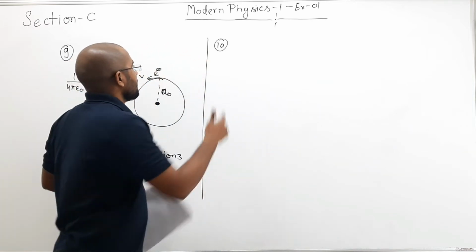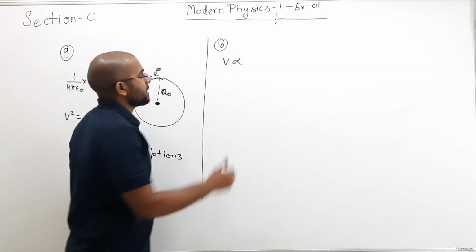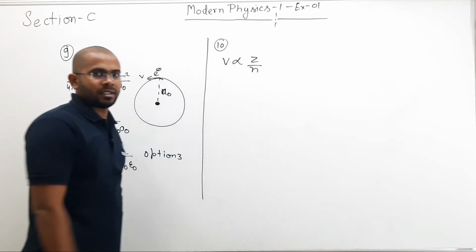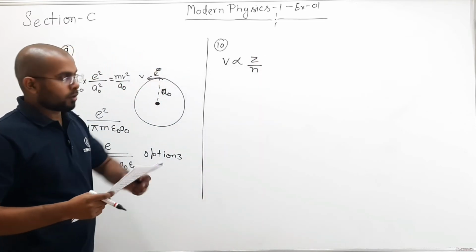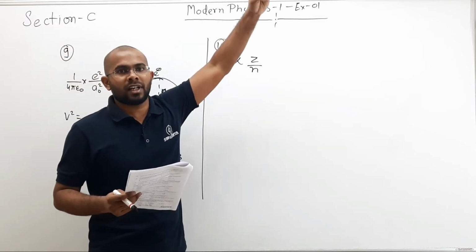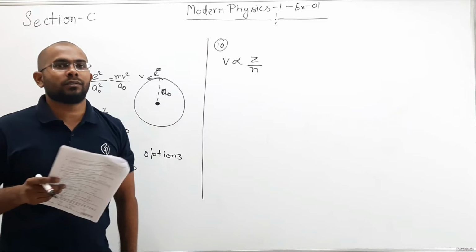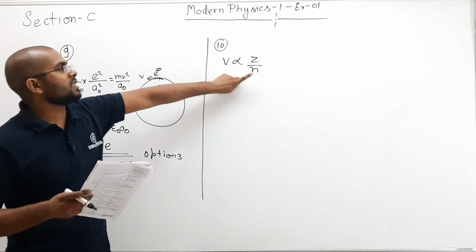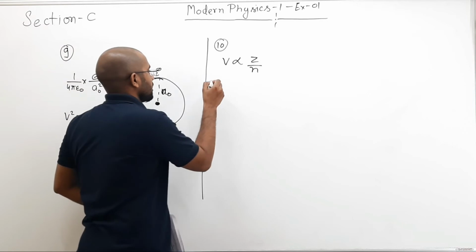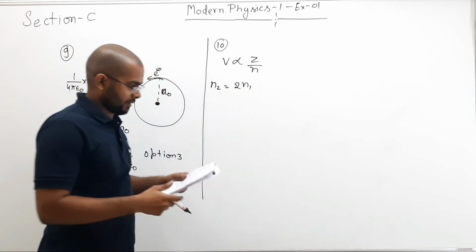You can say that speed is proportional to Z by n. So Z remains the same, and if you jump to a higher state, then speed reduces to half of the initial value. So speed becomes half means n becomes twice. So you can say n2 is equal to twice of n1, like this.